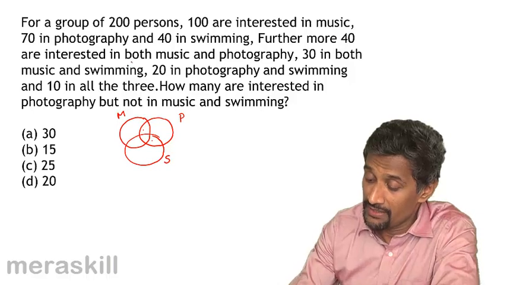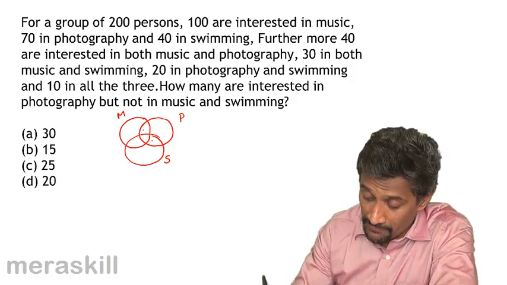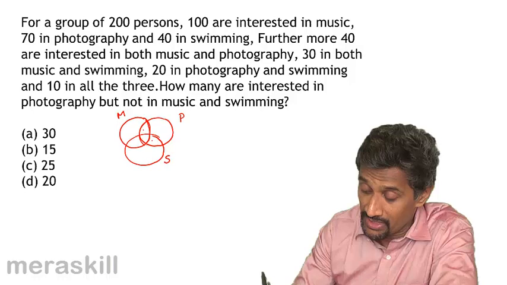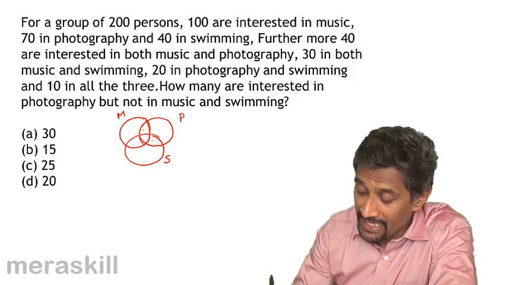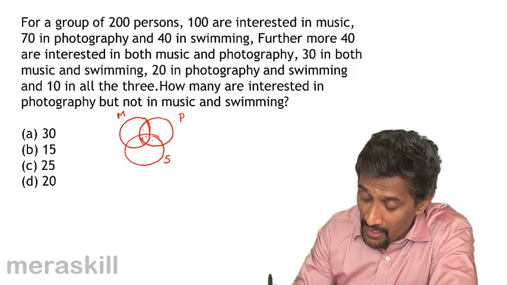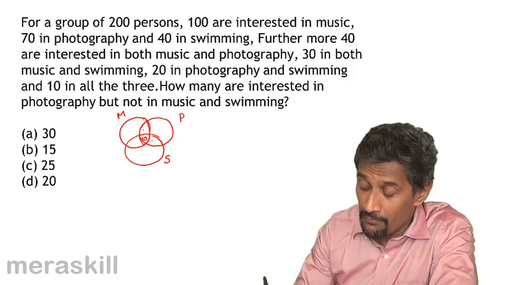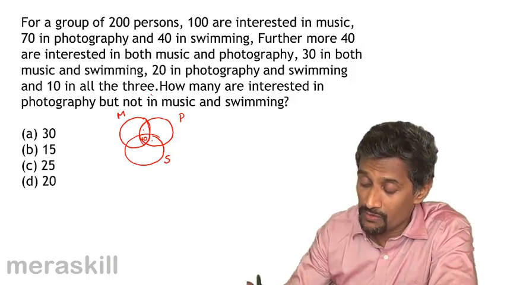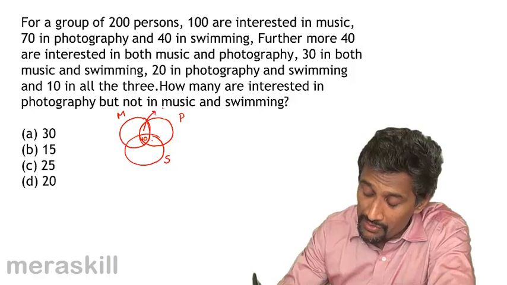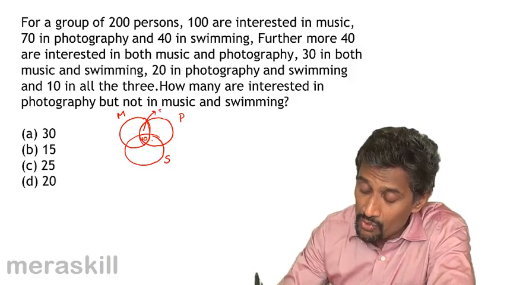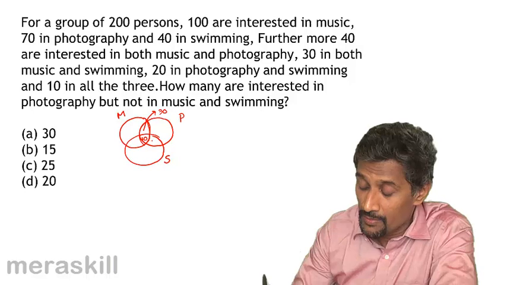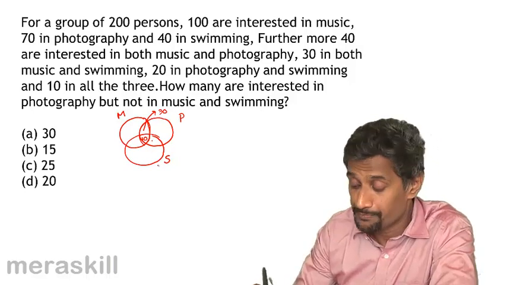So 40 are interested in both music and photography, and 10 in all the 3. So 10 are interested in all the 3. 40 are interested in music and photography, so the number who are interested in only music and photography but not in swimming would be 30.